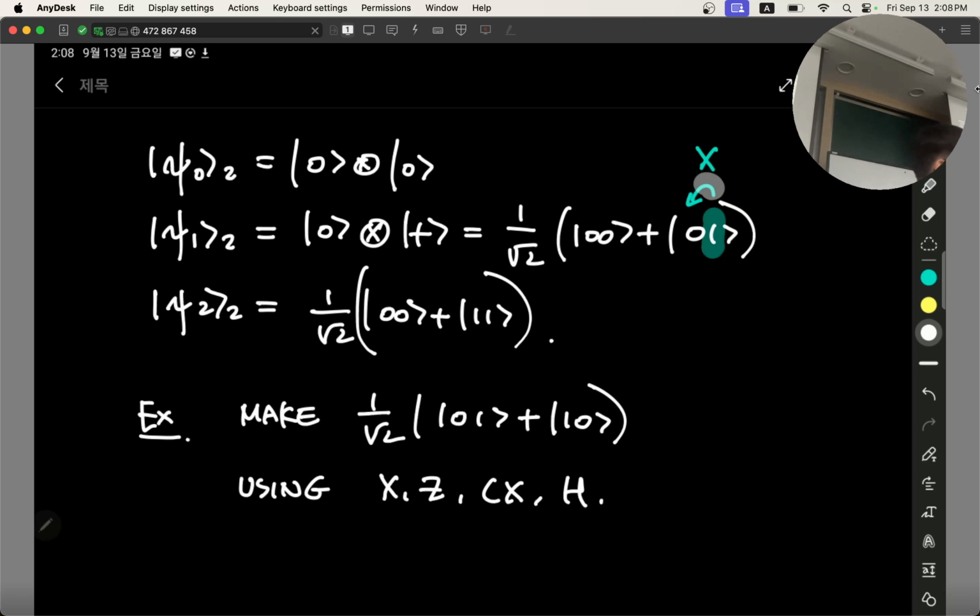So try to compose a quantum circuit as I did here, using X, Z, controlled X, and Hadamard to make this entangled state.